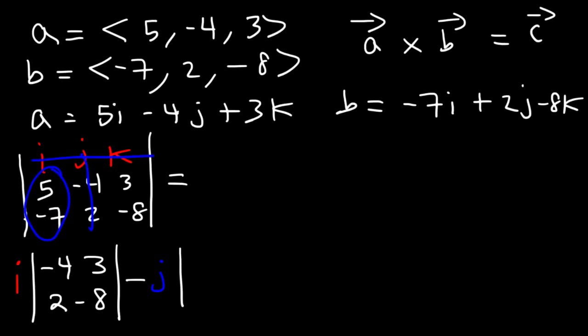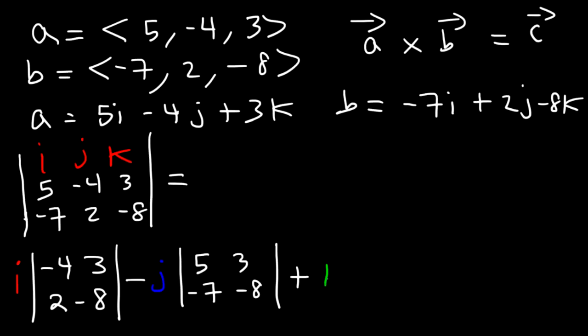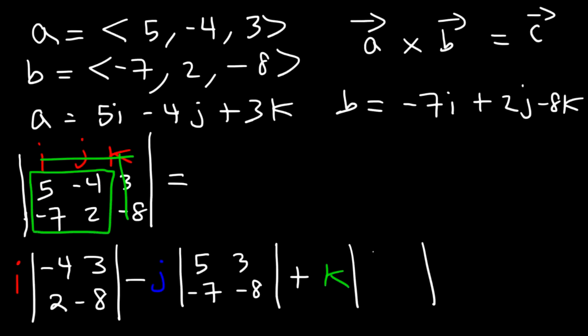So that's going to leave behind 5, negative 7, and 3, negative 8. And then plus k. K is in the first row, third column. So it's going to leave behind 5, negative 7, negative 4, and 2.